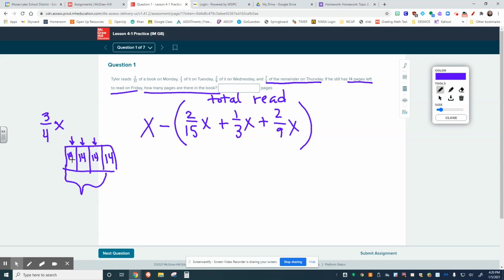It's more important for us to recognize that if he had 14 pages left on Friday, that's 1/4 of the book because he had 3/4 of the book left on Thursday, which tells me all of these pages that he has read have to add up or equal 56 pages. This is talking about the remainder of the pages in the book.